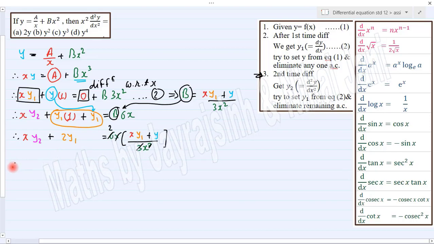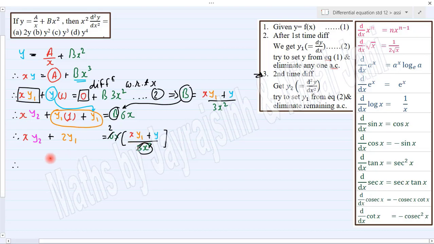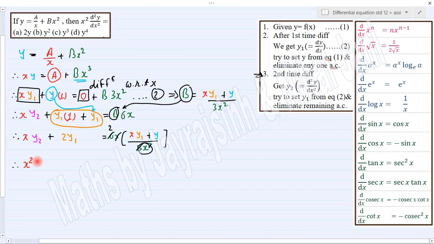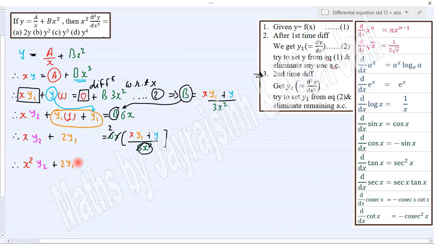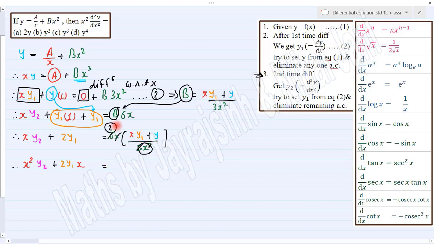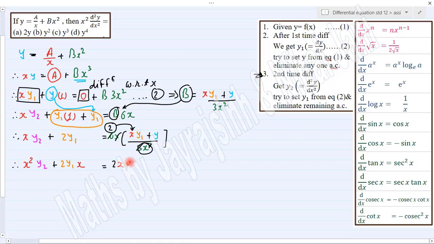Now, in further simplification, we have to multiply our remaining x on the left side. So we will get x square into y2 plus 2y1 into x is equal to, on the right hand side, we have to multiply 2 with xy1, we will get 2xy1, and 2 multiplied with y will give us 2y.